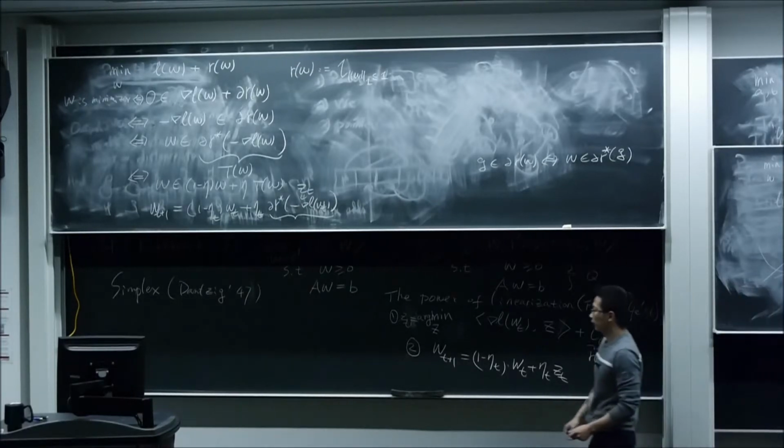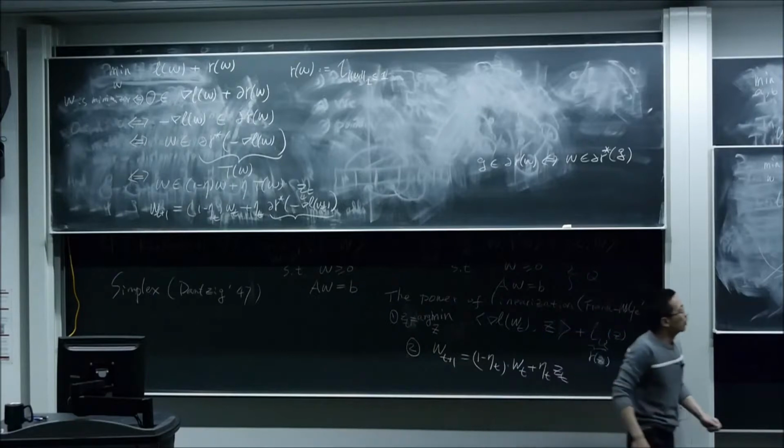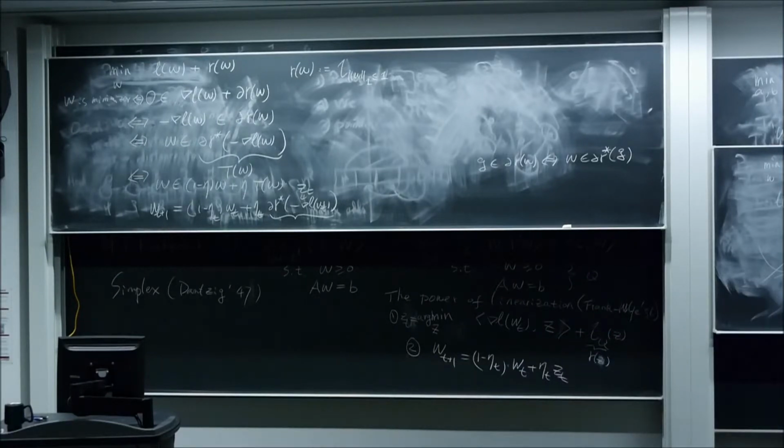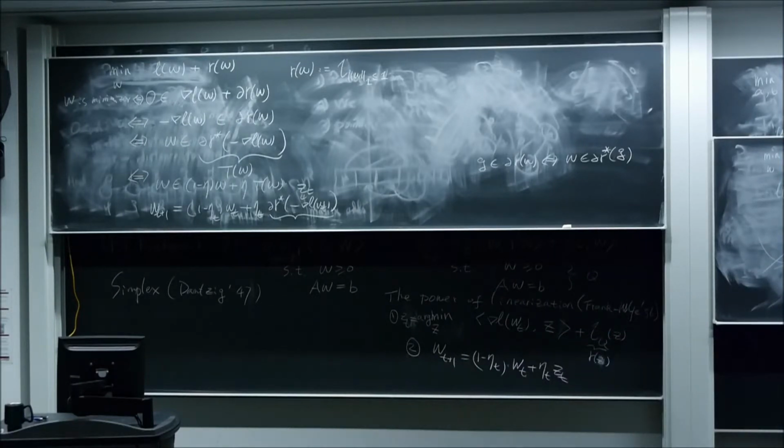Okay. I think I can just erase this. Some people call this the duality gap. You can actually show this gap bounds the primal and dual, but I'm not going to do it in this lecture. So what we're going to do is to use convexity of L. Here we need to assume L is convex.